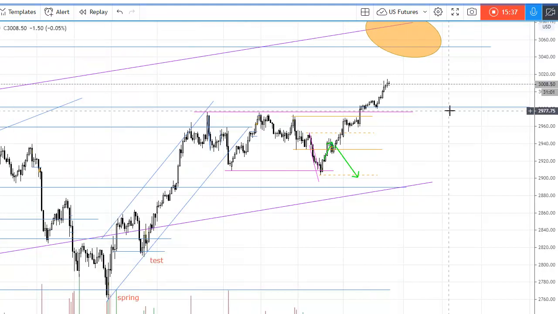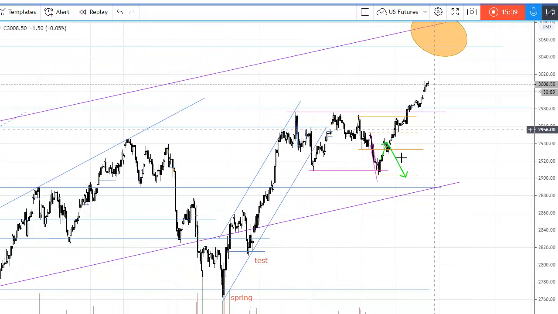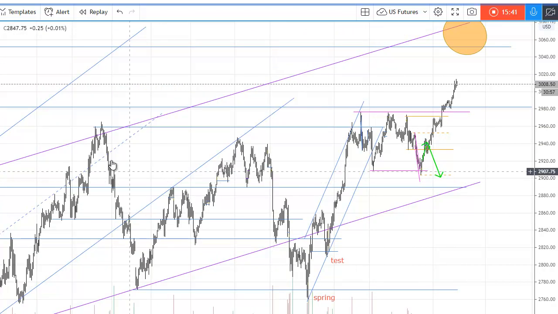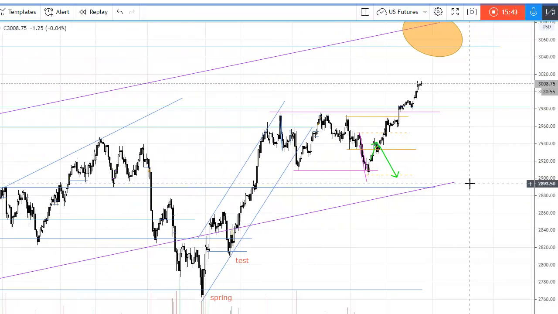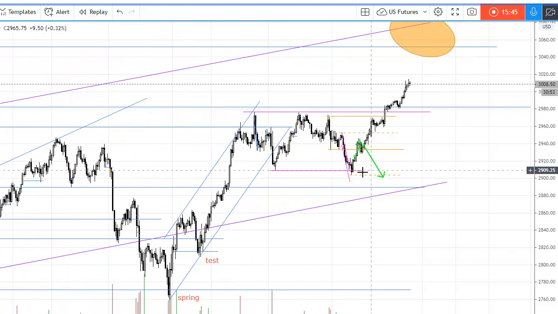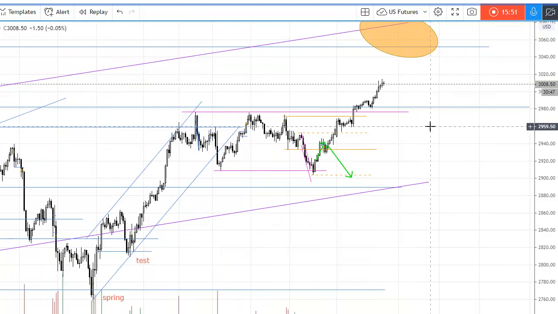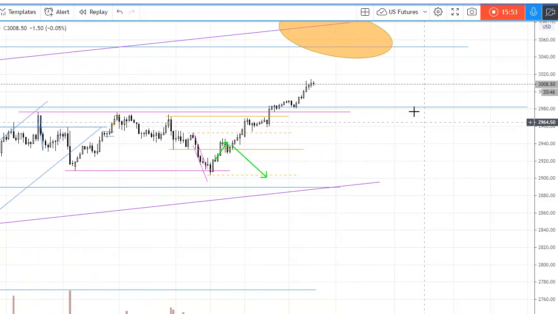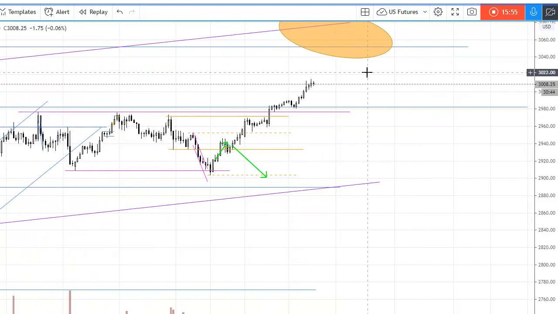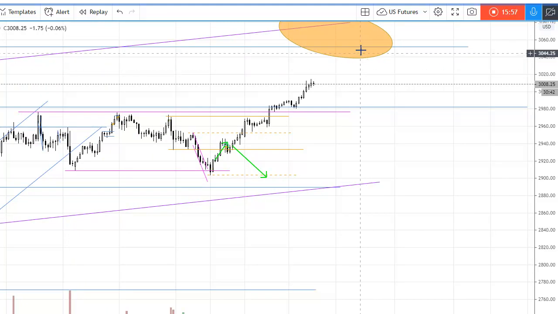And for swing, we are still within this uptrend channel here, but from a slightly larger time frame, I think we're still going up on this leg. The potential setup that I anticipate, I didn't really anticipate it will just shoot up to 3050 or 3080.